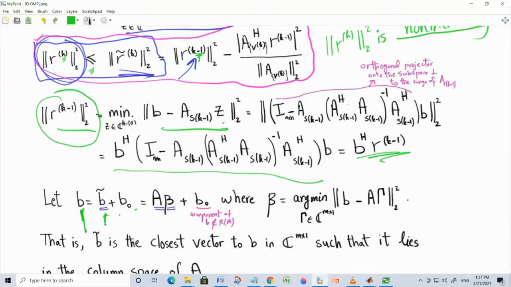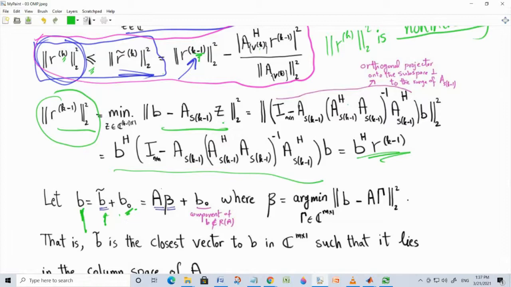One of them is in the range of A, and another component is not in the range of A. Typically matrix A will be chosen such that the range of its columns is the whole n-dimensional space.